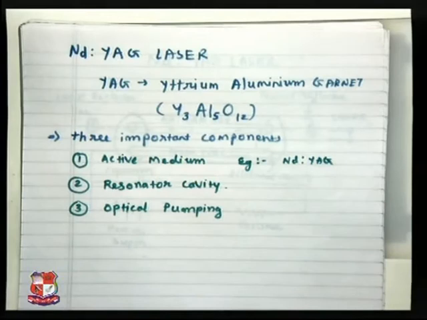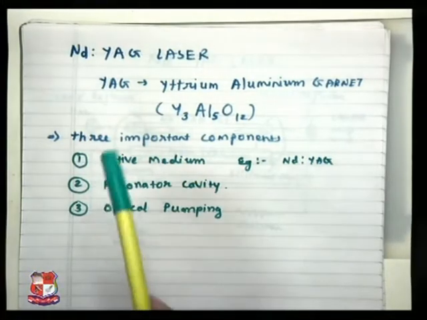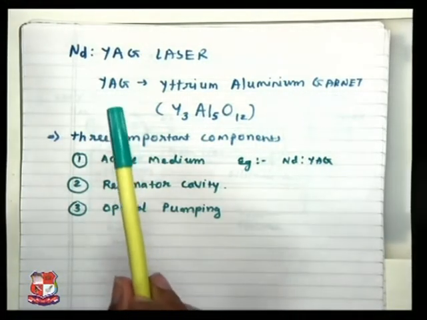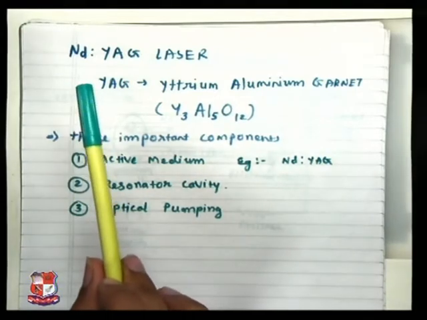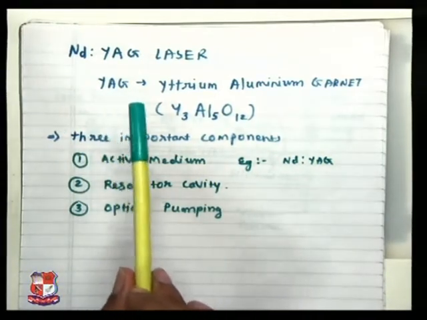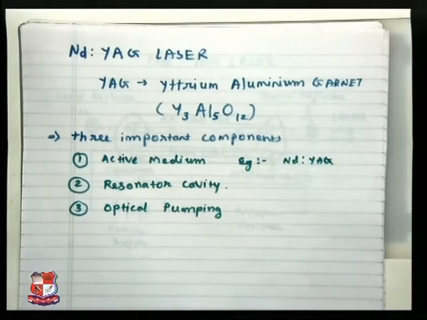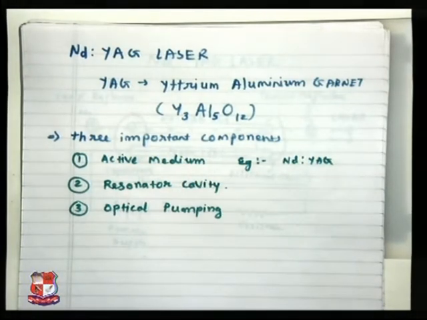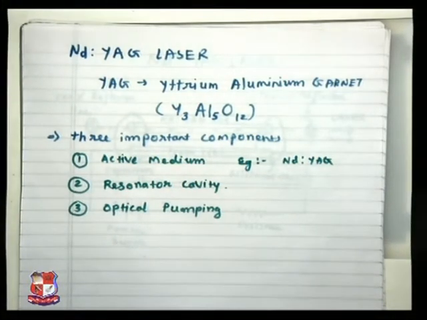On this paper you can see Nd:YAG laser. You have to start with YAG. Nd means neodymium and YAG is yttrium aluminum garnet, Y3Al5O12.